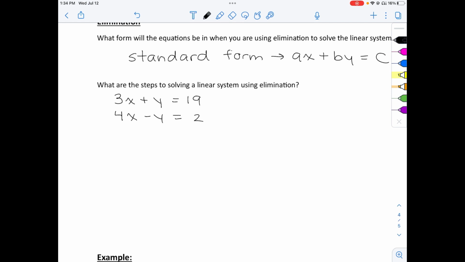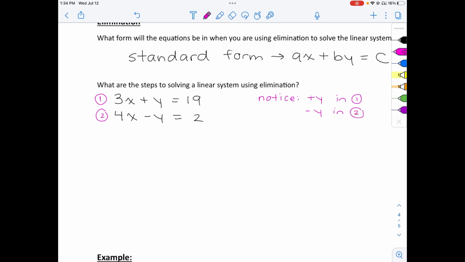Okay, so what I'm noticing here is I have positive y in my first equation. Okay, if I call this equation 1 and this equation 2. And then I've got a negative y in that second equation.